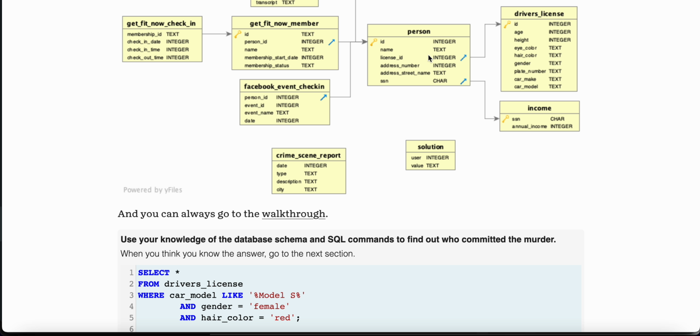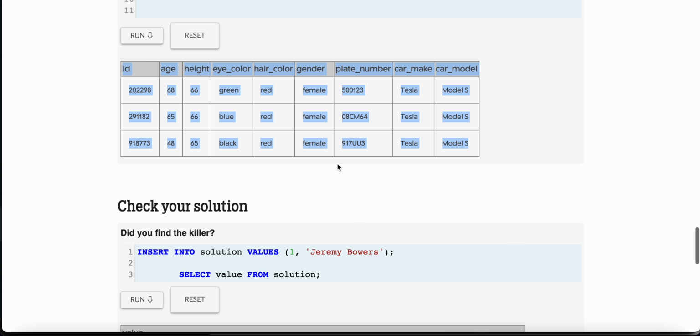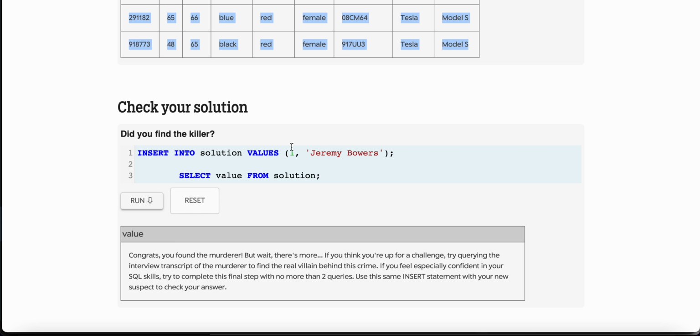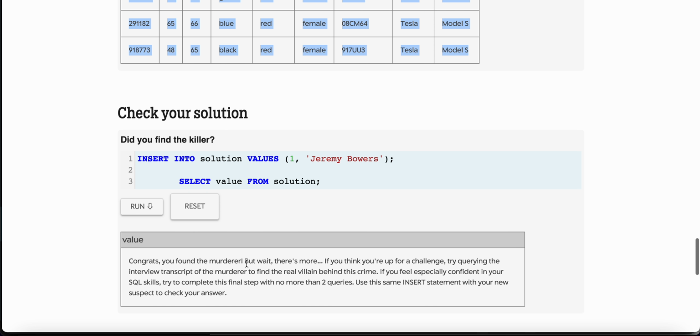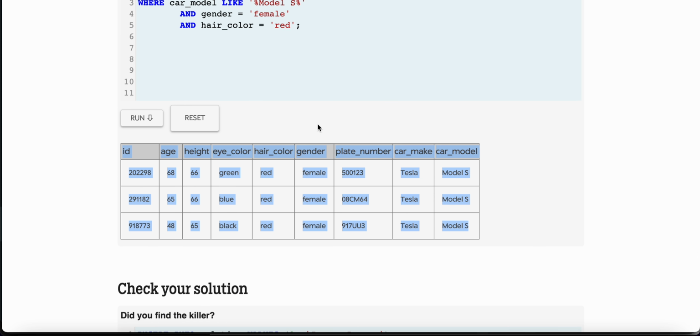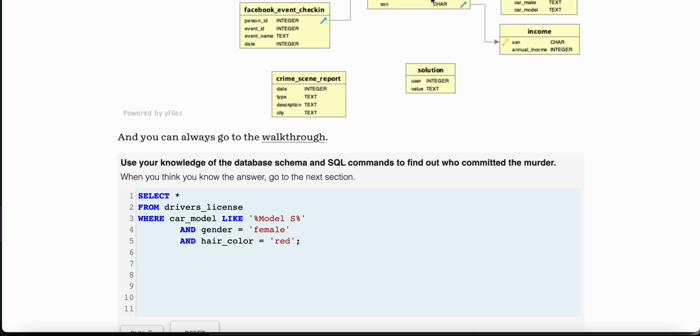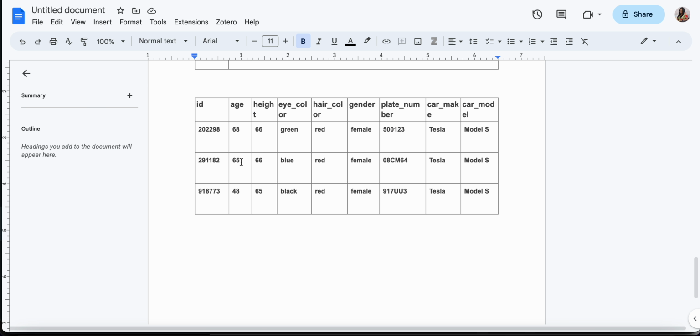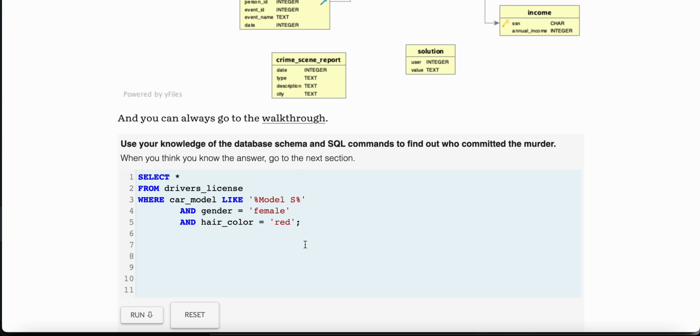So from person, we are going to get their names, because we are supposed to get the name of the person to know who actually ordered the murder. So we are taking all their IDs and inserting in person to get their names. So the first person ID here is this person. Remember, the person has lots of money, so we have to be careful.